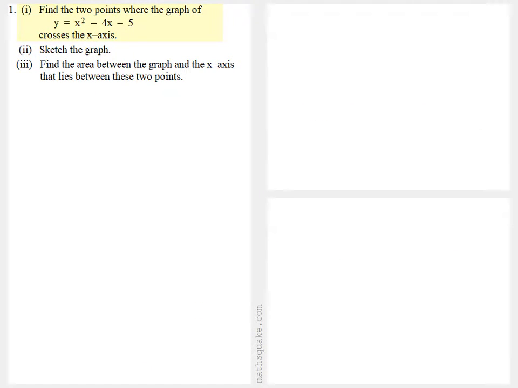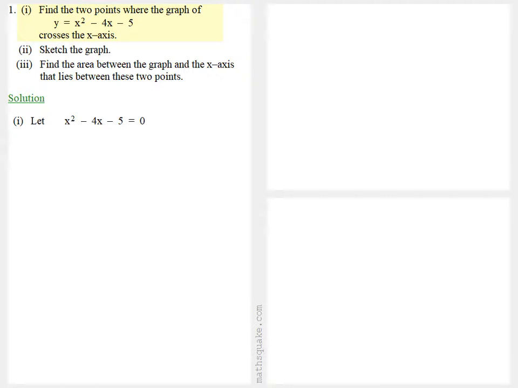In question 1, part 1, we're asked to find the 2 points where the graph y equals x squared minus 4x minus 5 crosses the x-axis. Well, to solve this, let x squared minus 4x minus 5 equals 0. Now we can factorize that. We want two numbers that multiply to make minus 5 and add to make minus 4.